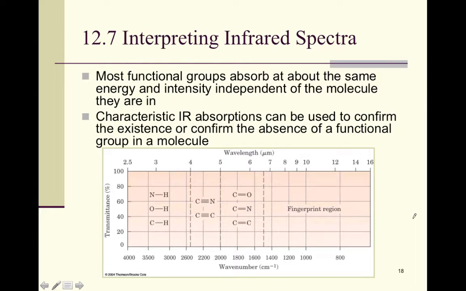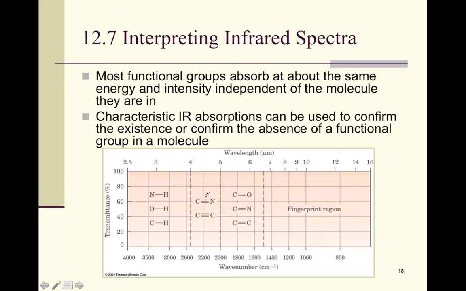As we mentioned earlier, there's going to be a range where we're going to be seeing the different absorptions. So this is a nice little table that tells us if we have a carbon double bond oxygen, a carbon double bond nitrogen, or a carbon double bond carbon, we'll normally see the absorption somewhere between 1,500 and 2,000.